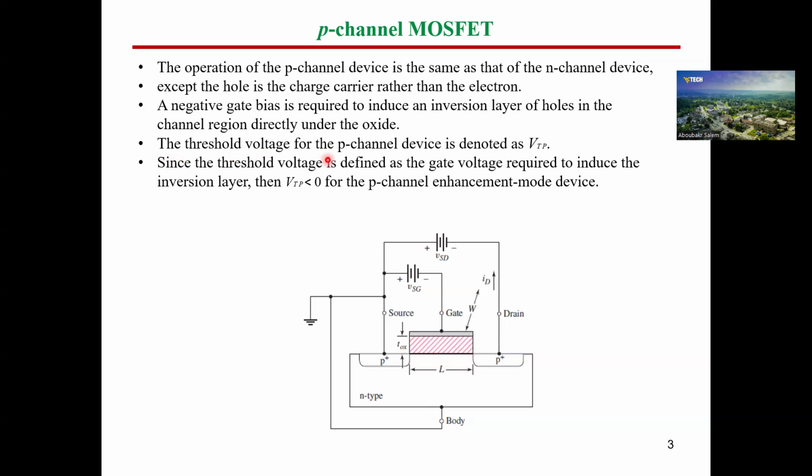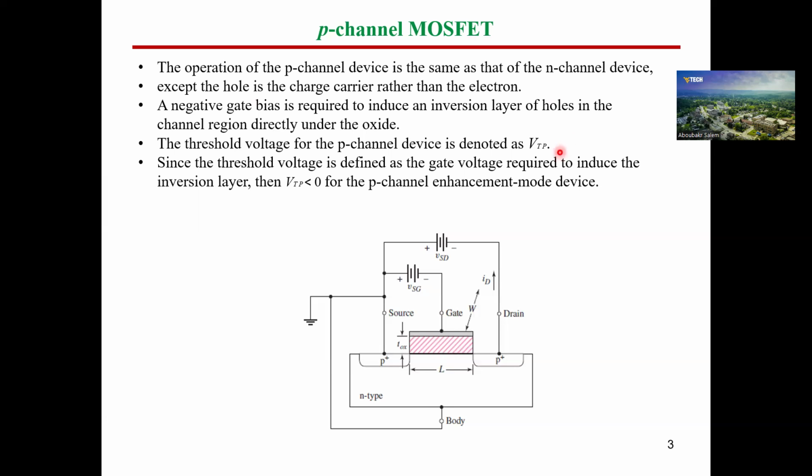The threshold volt for the P-channel device is denoted as VTP. You remember in case of N-channel, it was VTN. Here it's VTP. And again, it's the minimum volt required to initiate this channel in order to allow the current to flow. So this is the threshold volt.